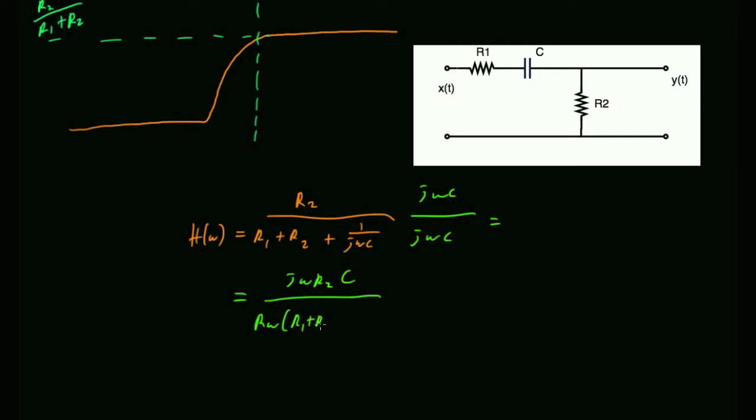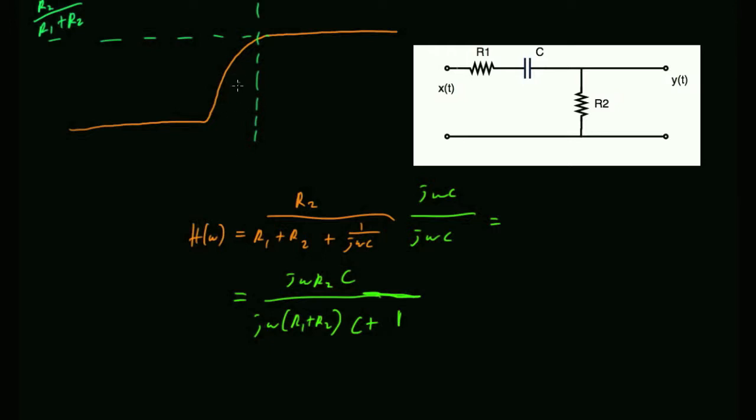So how many zeros do you have? You have a zero at omega equals 0, and you have a pole at omega equals minus 1 over (R1 plus R2)c. This here I've plotted against a linear axis.